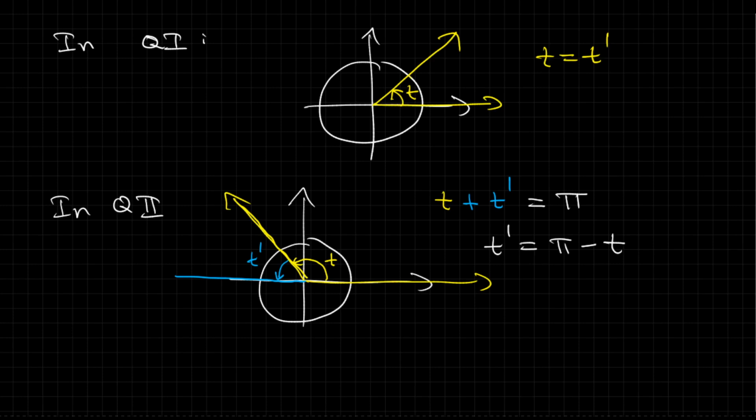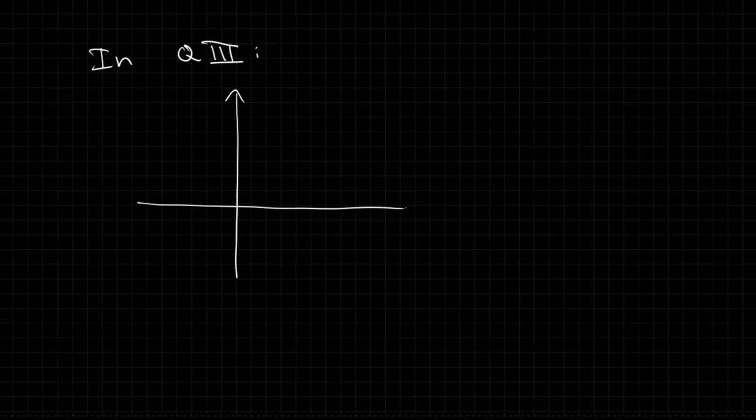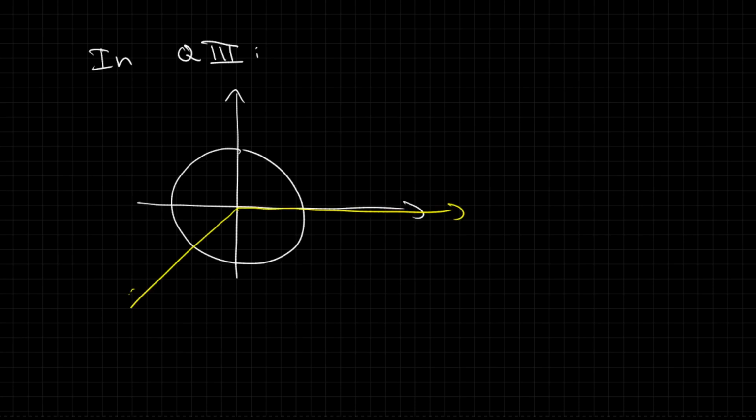Now, what about in quadrant 3? So in quadrant 3, we have the following picture. There's the circle. Here's my angle T. And my reference angle looks something like this, T prime.